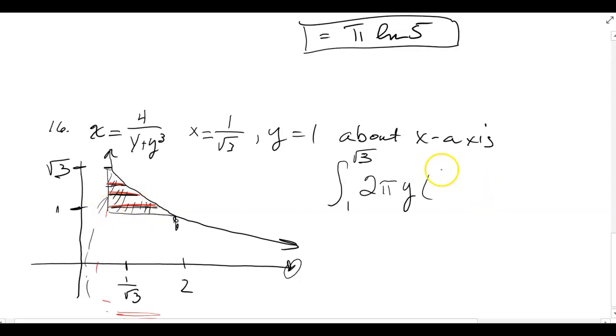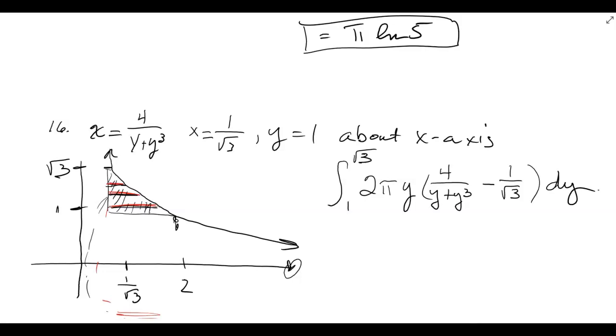And these 2 curves are 4 over y plus y cubed minus just 1 over radical 3. It's the curve x equals 1 over radical 3, dy. So again, on the lab, I'm just looking for a setup, in which case you'd be done. You wouldn't have to go through it.